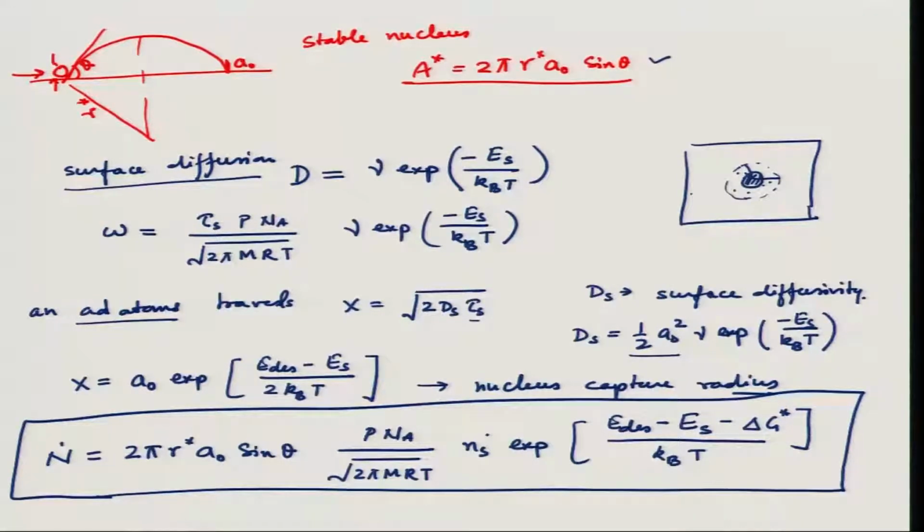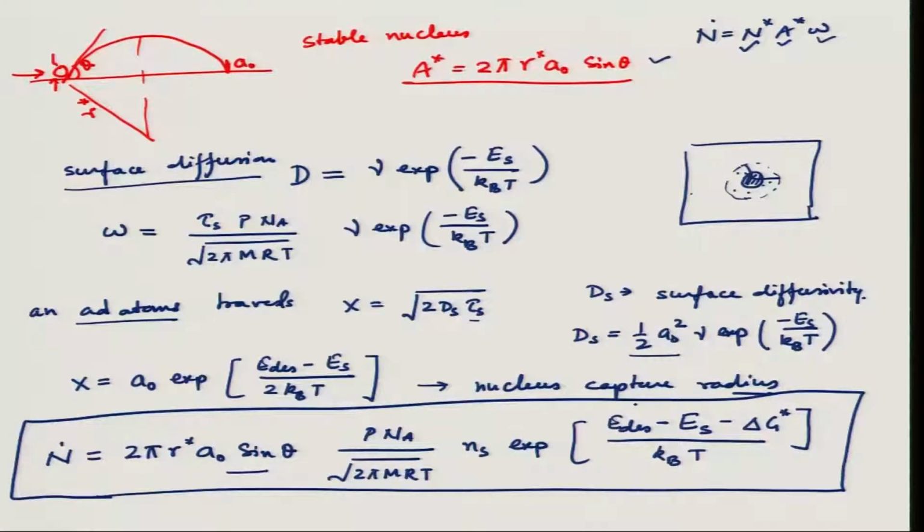Let me write this: n dot equals n star a star omega. This term delta G star comes from n star, the A star term is here and the omega term is in this. So, all these terms account for the nucleation rate.